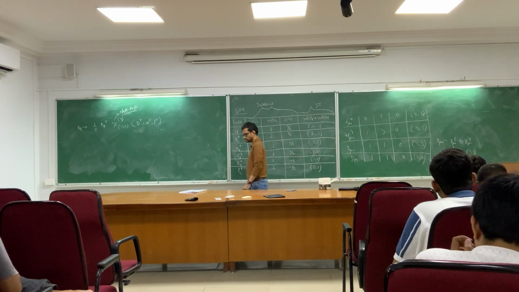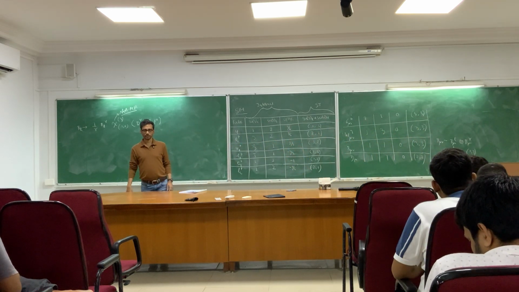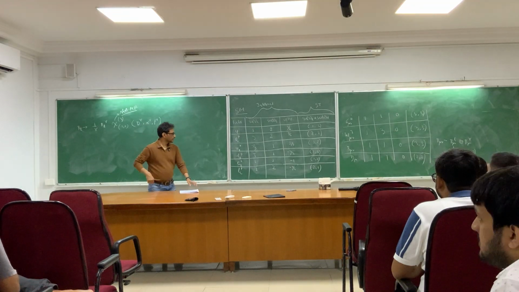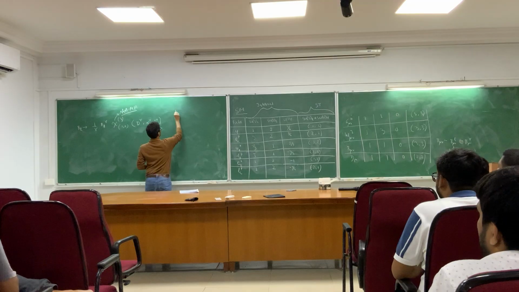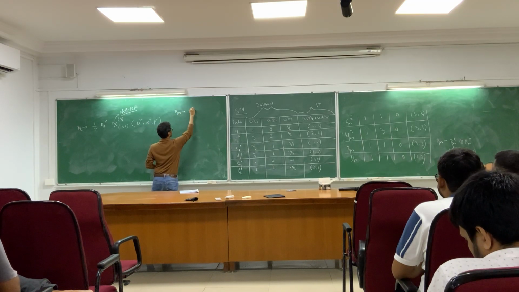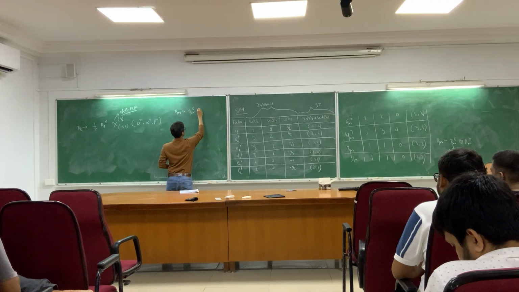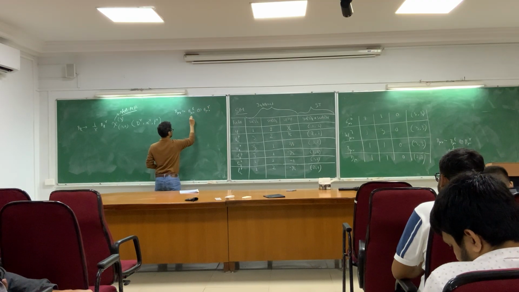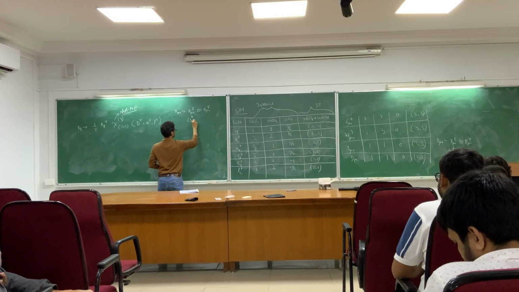So what I am saying is that this B mu nu is basically B mu nu L plus B mu nu R, and this one was transforming as 3, 1.